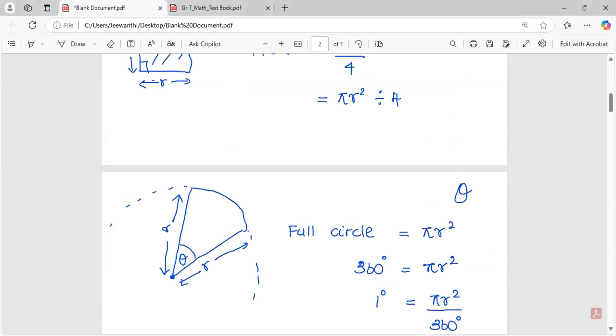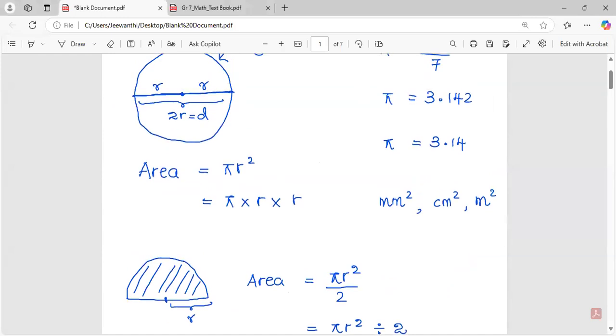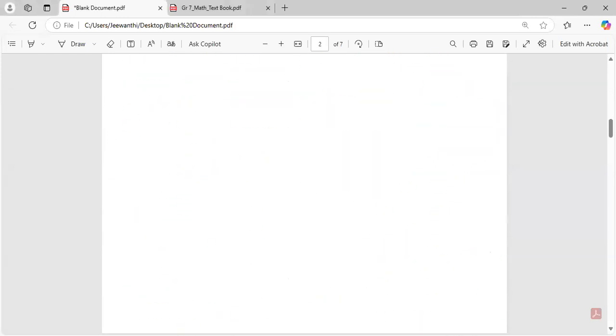So this is all about the area, okay? Now I'm moving to the circumference. For the full circle, the circumference C value, mathematicians have introduced the formula 2πr. What do you mean by 2πr? 2 times π times r.